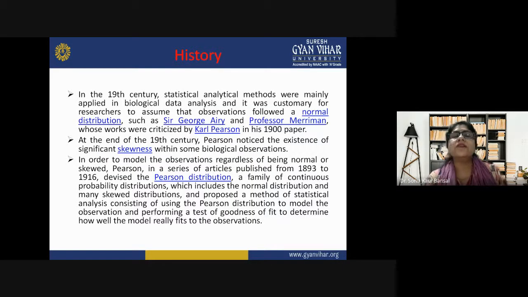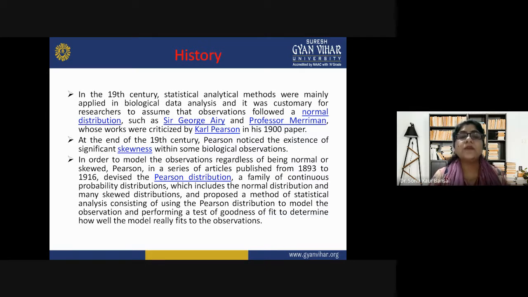Now, students, let's have a look at the brief history of the chi-square test, how it developed and how it is still in use by researchers. Around the 19th century, statistical analytical methods were mainly applied in biological data analysis, and it was customary for researchers to assume that observations followed a normal distribution, such as Sir George Airy and Professor Merriman, whose works were criticized by Karl Pearson in his 1900 paper.